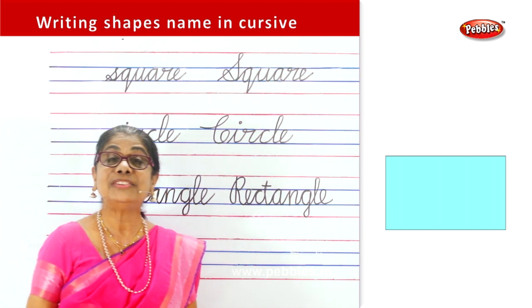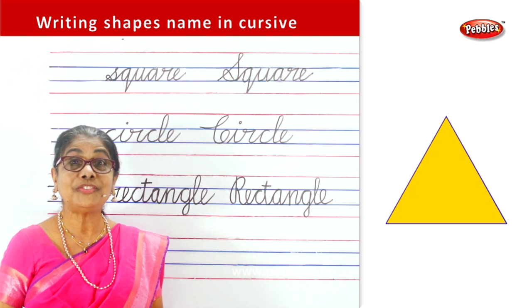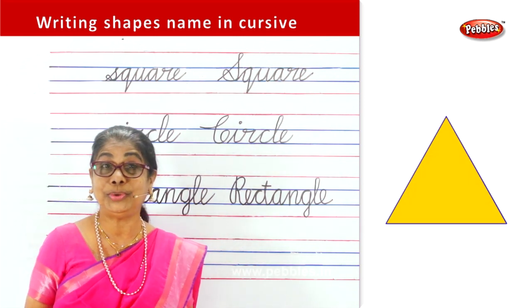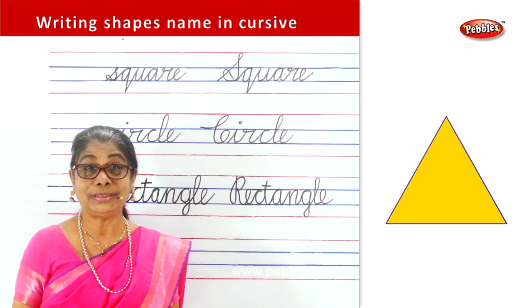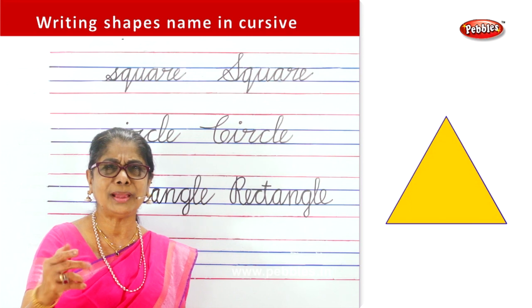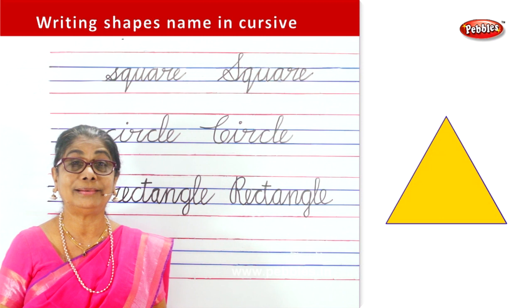Next, triangle. Tell me, where do you find this shape? Triangle. Now, I'm sure you love to eat. Shall I tell you what? Samosas. You like small baby samosas, big samosas? It's almost a triangle.